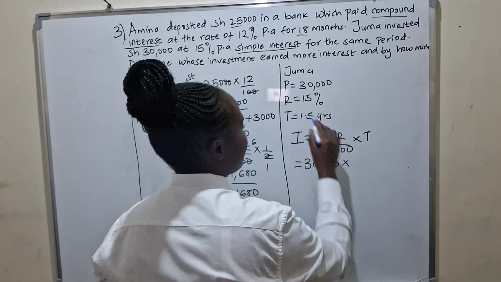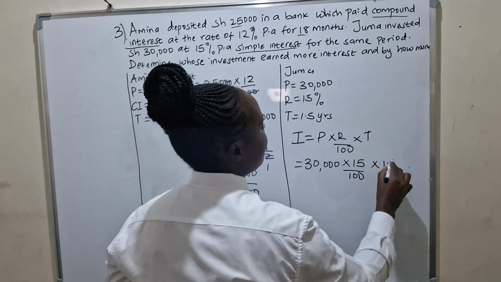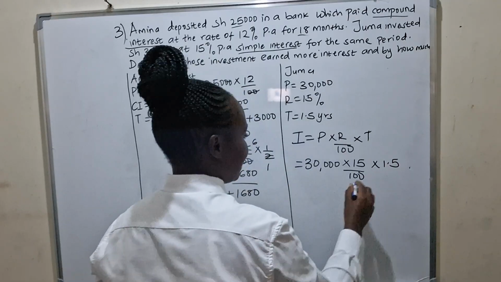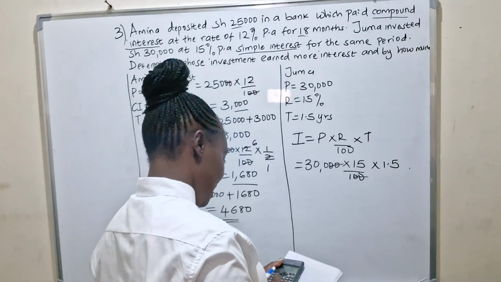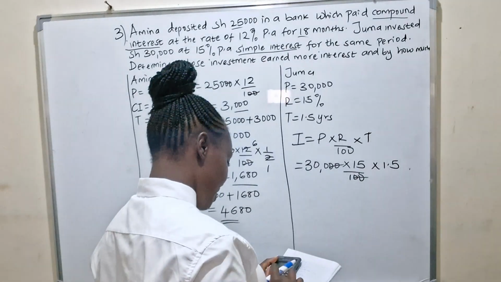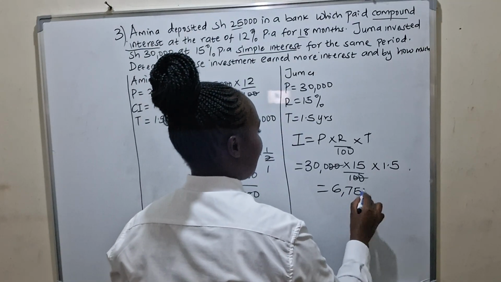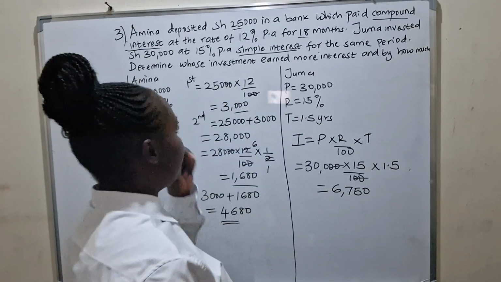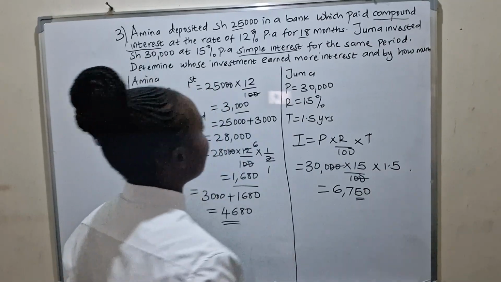Then you multiply with the rate, which is 15 over 100, then times time, which is 1.5 years. So by that one goes with that. Then we have 300 times 15, you multiply by 1.5 to give you 6,750. So this is the interest that Juma's investment earned.